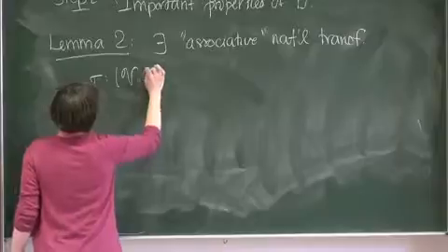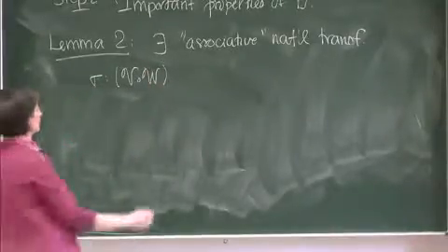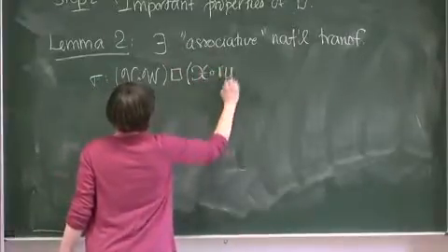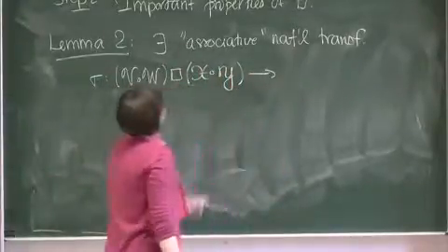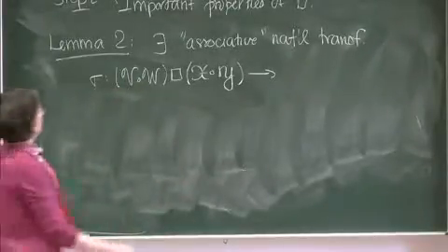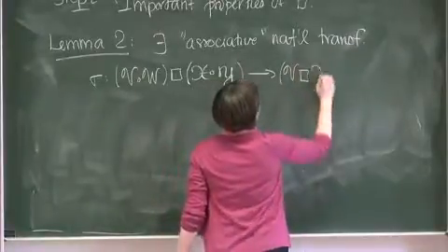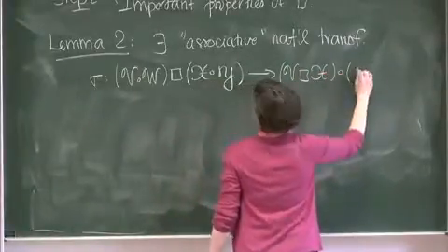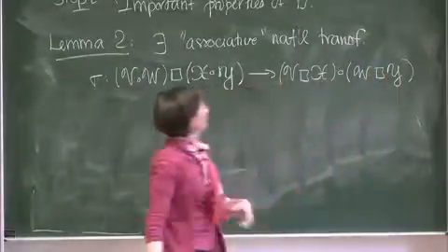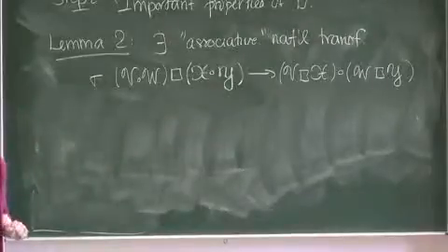So if I have 4 symmetric sequences, I can first take their composition product, then box, then composition. And this is one of these things where you can pull W through X, and you have something that looks like this. There's a nice associative, in an appropriate sense, natural transformation here.